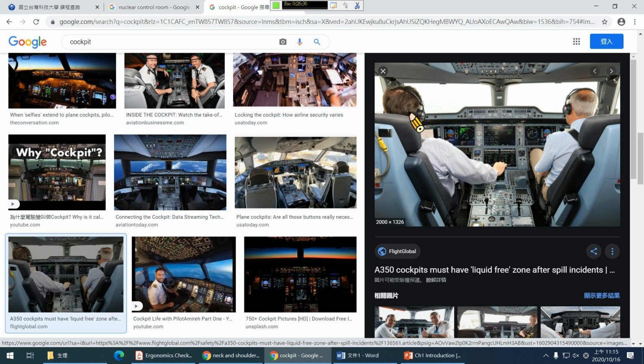The co-pilot has everything here, and the pilot also has everything exactly the same, identical. It's two redundant systems.